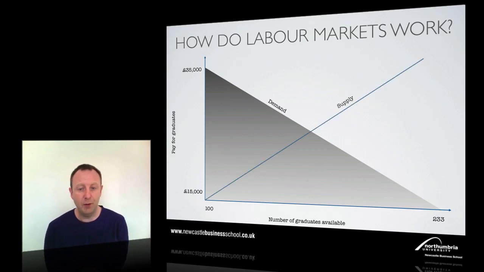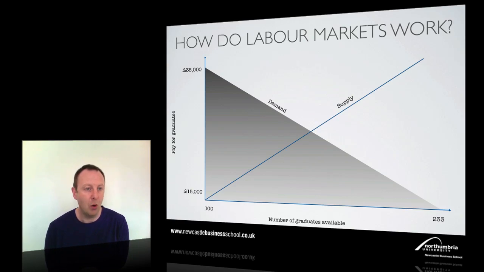What about from the point of view of the sellers of labour, from the graduates themselves? Now, clearly, we're assuming that people are rational economic beings, and so they are looking to achieve a different kind of outcome. The interests involved are reversed. So here we've got graduates who are looking to maximise their returns on their labour.